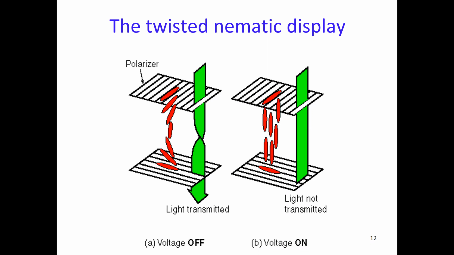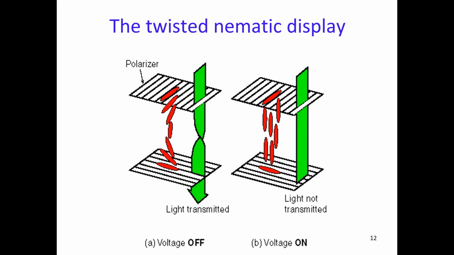And the light, if you propagate it down here, gets its polarization twisted by the liquid crystal, so that it goes through the top plate because it's polarized right, and then it gradually twists the polarization, and on the bottom plate it's correctly polarized, and so the light goes through.